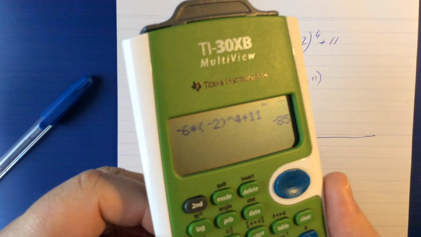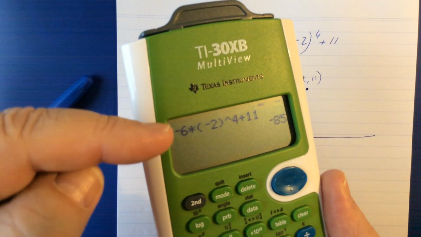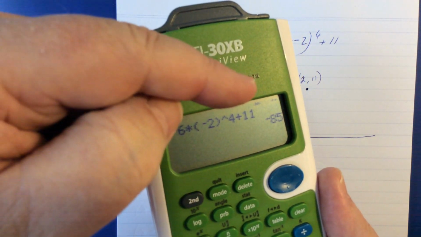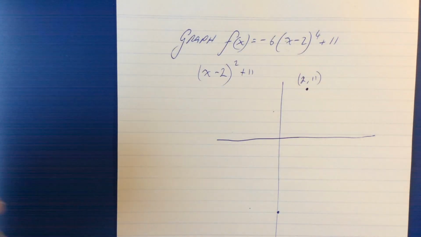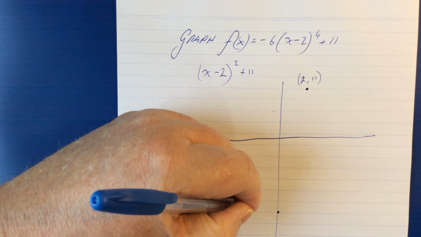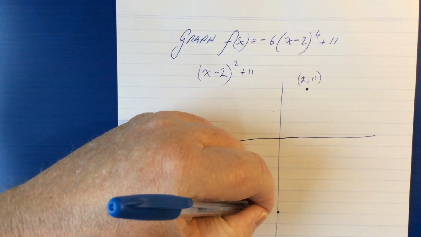There you are. Negative 6 times negative 2 raised to the power of 4 plus 11, negative 85. This point here is 0, negative 85.